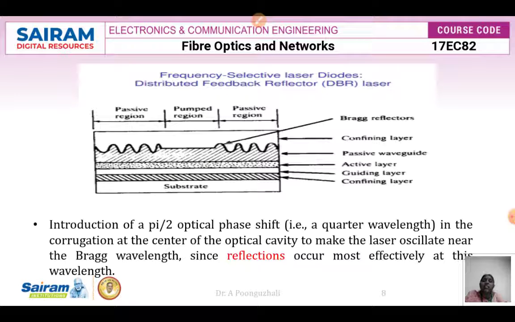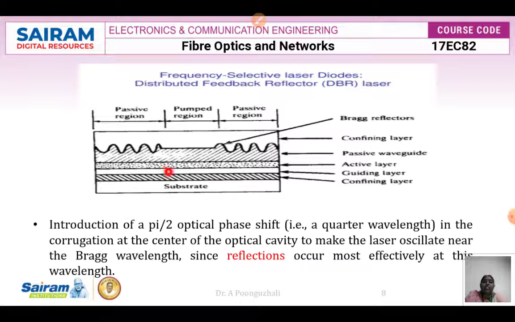So next is your frequency selective laser diodes. We are going to go for a distributed feedback reflector, which is nothing but our Bragg reflector. What we are going to do is introduce a phase shift of pi by 2 at the center. In this case, the corrugations are present only at the ends, at the sides.